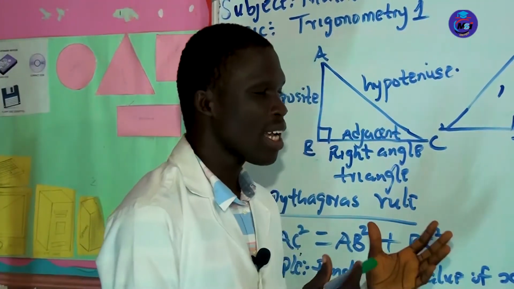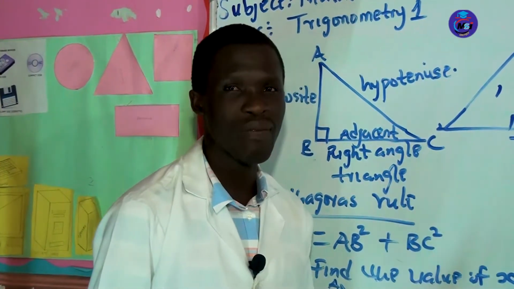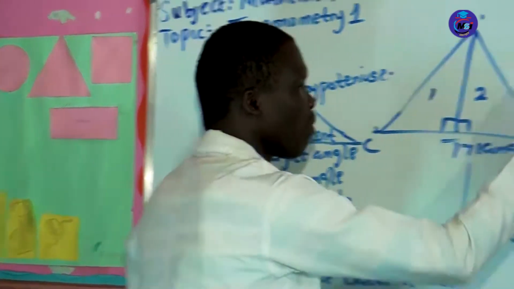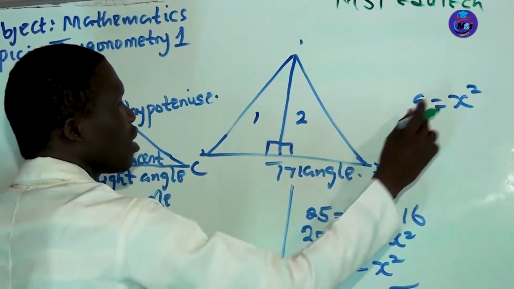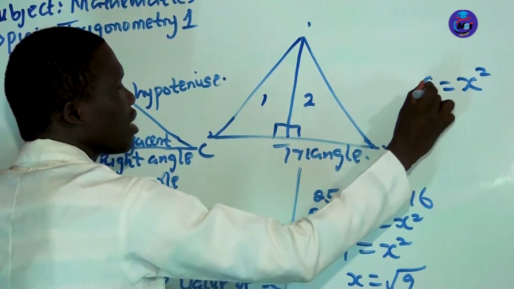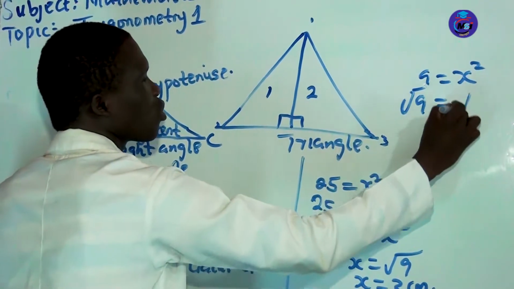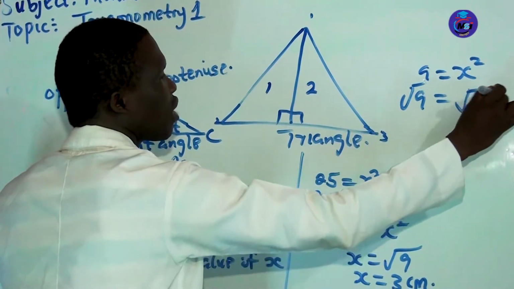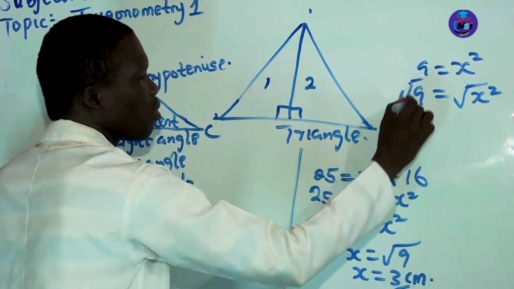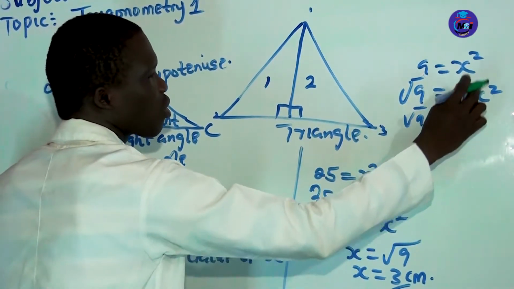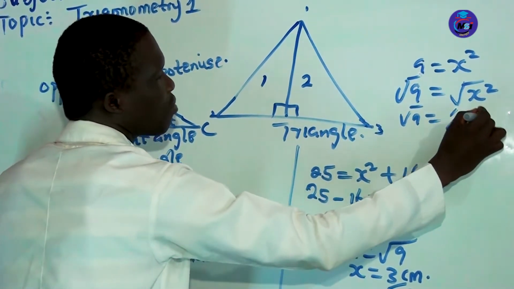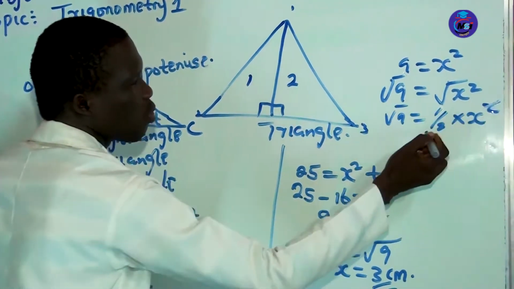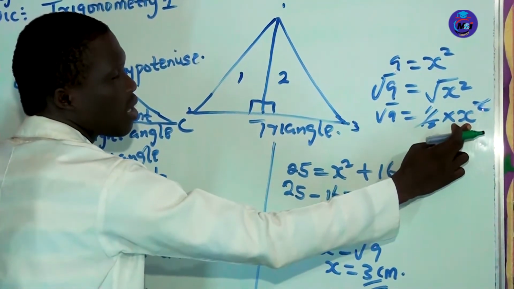When I said square root means half, this is what I mean. If you have 9 equals x squared, take the square root of this side, square root of 9 equals square root of x squared. This will be half times x squared, so these two will cancel, and these two remain, x.